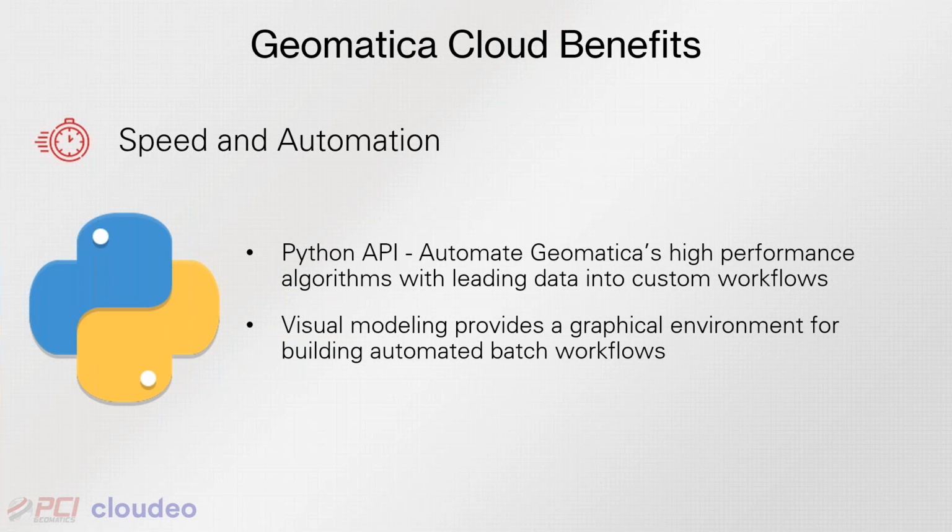Another benefit we're going to highlight here today is the speed and automation. When speed is important, this is really where our commercial offering separates itself from the rest. At PCI, we are dedicated to providing the fastest algorithms on the market, which utilize the latest advancements in CPU, GPU, and memory-based architectures.